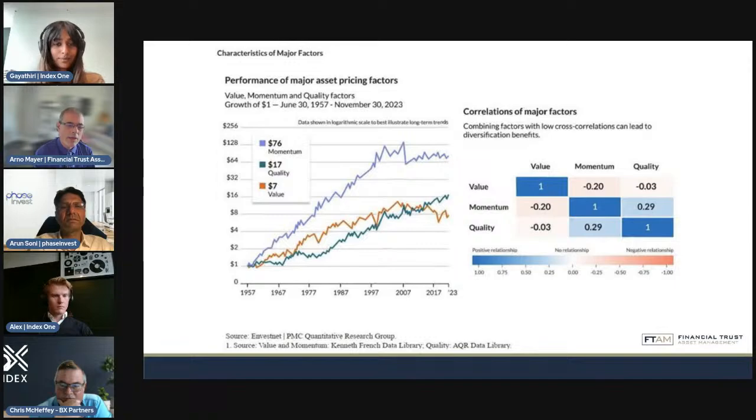Okay, so this is a study from the Fama-French data library, as well as AQR, which is an industry participant. It just showed different returns from 1957 to 2000 of three different main factors: momentum, quality, and value. And you can see the correlation analysis on the right-hand side, that we have negative correlation with those factors.